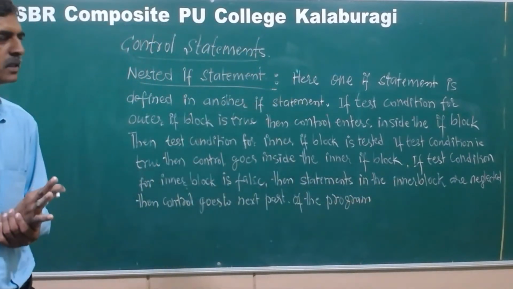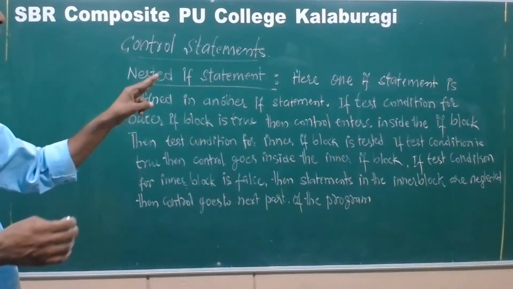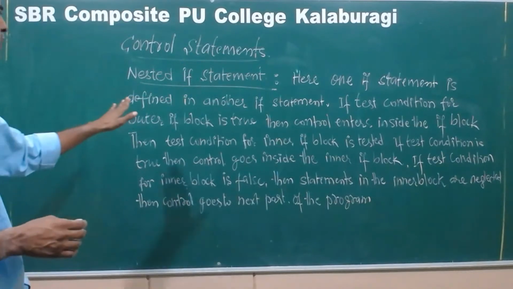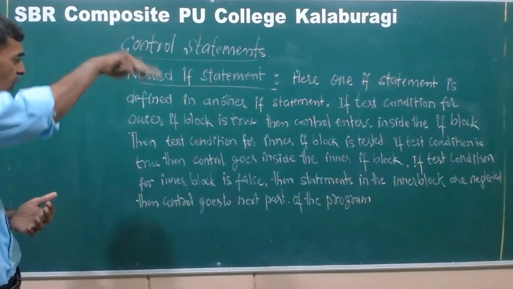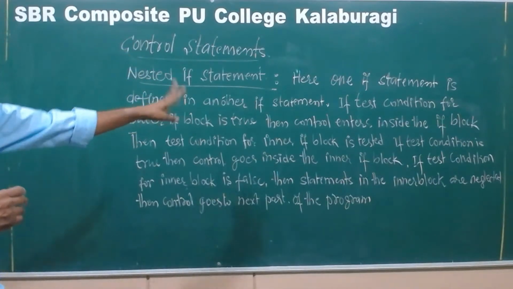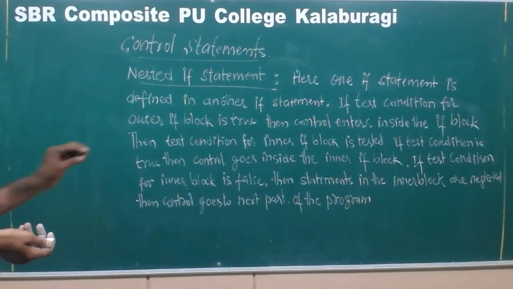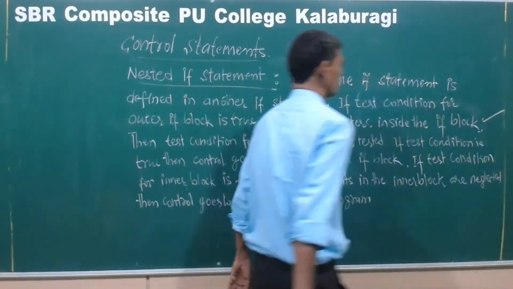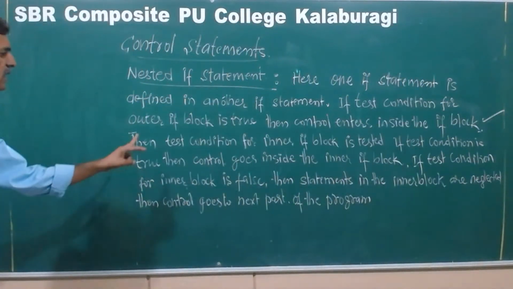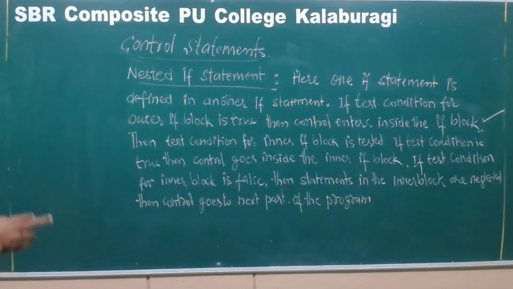Right. See carefully. Nested if statement. Here, one if statement is defined in another statement. If test condition for outer if block is true, then control enters inside the if block. Then test condition for inner if block is tested.